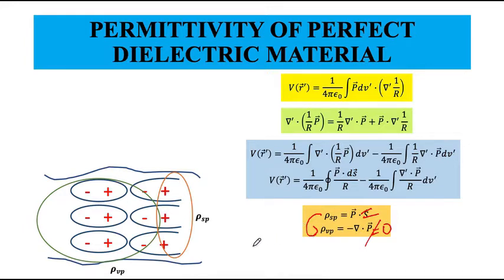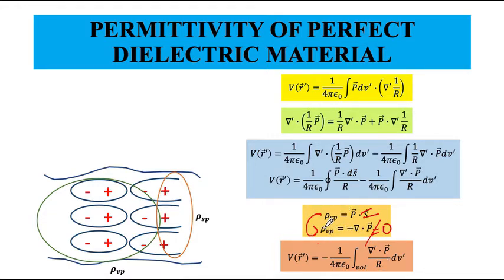So you could accommodate this rho Sp inside rho Vp, and you write V, the potential, as the volume charge integral of minus del dot P by 4 pi epsilon r. We are just incorporating it inside this.